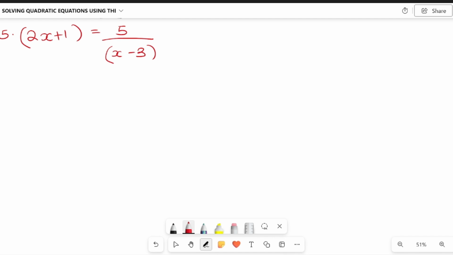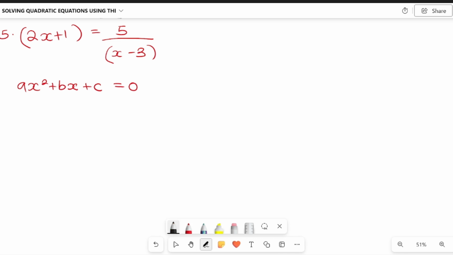Now I know this example can seem daunting at first because it is not in the characteristic form ax squared plus bx plus c equals 0. But no worries, we can make it into that form through cross multiplication.